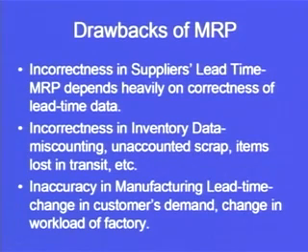For example, I say that we have an order of one particular product which the customers have placed an order. The system has generated what will be the requirement of the sub-components that will be used to finally produce this product. In the meanwhile, the demand of the customer changes.